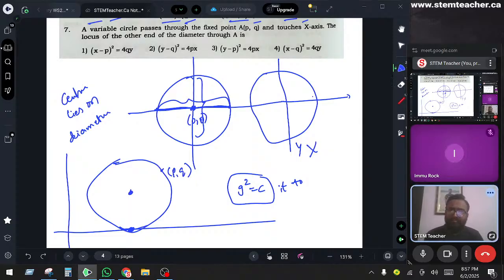A variable circle passes through the fixed point p comma q and touches the x-axis. Touches the x-axis means g square is equals to c.